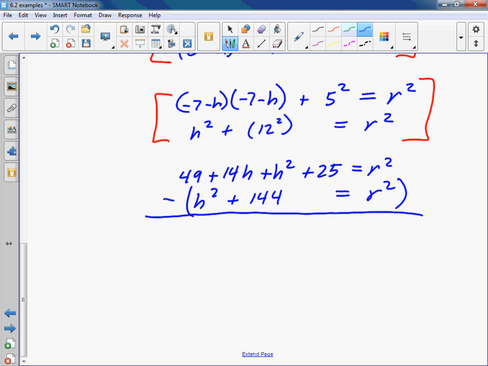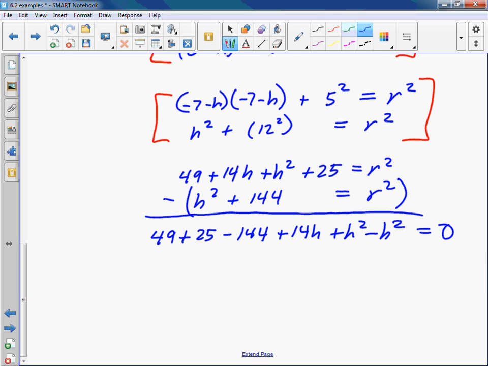We've got, let's put it all out here. 49 plus 25 minus 144 plus 14h plus h squared minus h squared equals 0. I can see that.